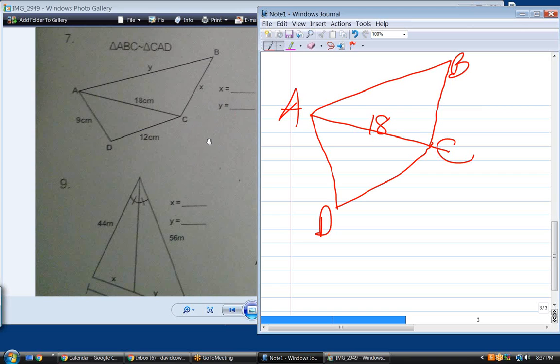Not true. Well, this is a 9, 12, 18 triangle. Okay, I guess we have to go up to the terminology.